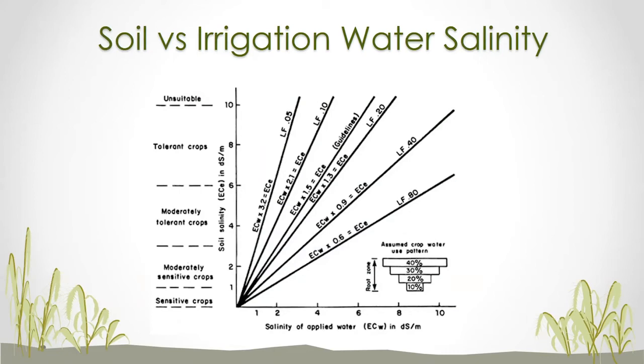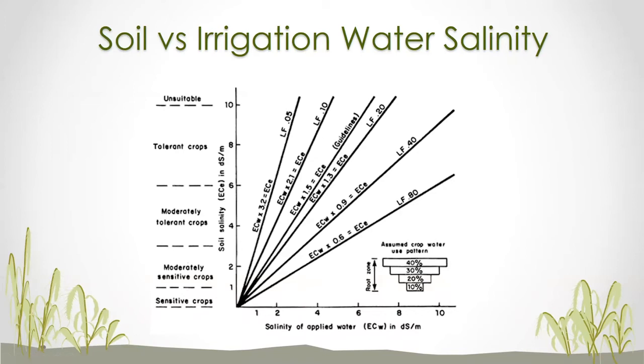And I'm not going to go into a lot of detail here, but you can see that we can look at the applied water, and based on how wet the system is kept, this would be almost exactly what the plant needs. This LF.1, that's a leaching fraction of only 10%. You can see that an EC of the water will increase in that setting maybe 2 to 3 times in the soil what it was in the water itself.